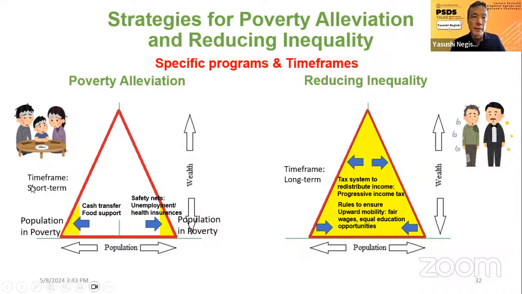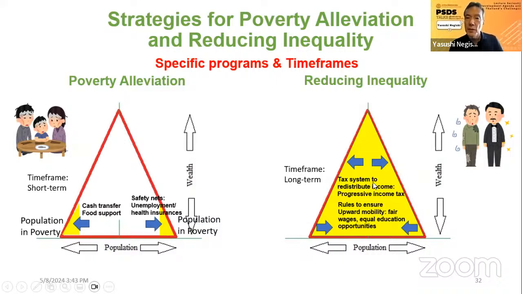And as for the time framework, in the case of poverty alleviation, governments or society need to provide assistance on a short-term basis to support poor populations.